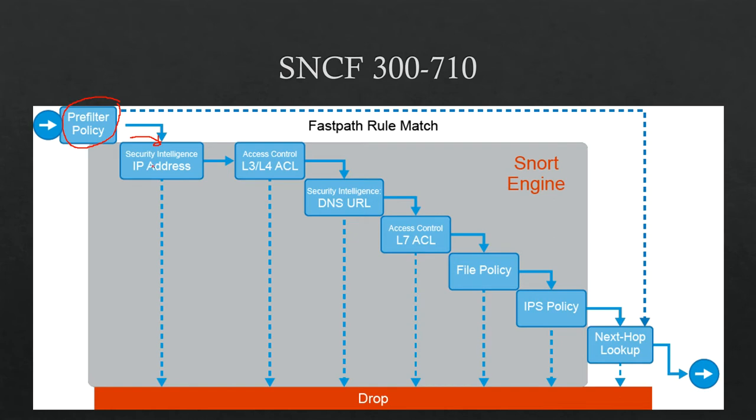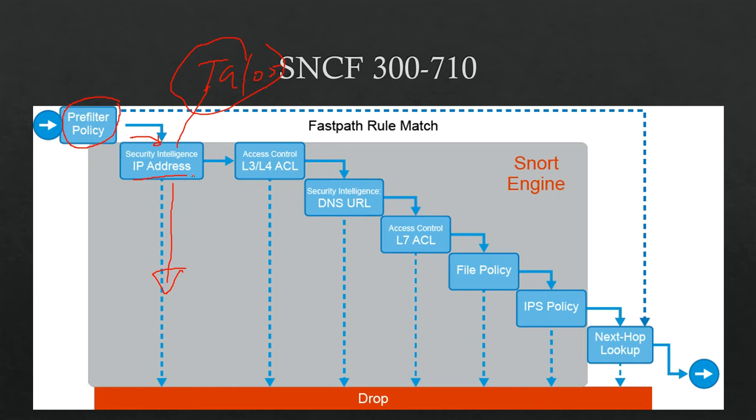The first line for you is the security intelligence. This is connected, of course, as we said, with Cisco Talos, getting the feeds for the IPs, and it will put some IPs on the blacklist and whitelist. So anything in the blacklist, what will happen? It will drop.